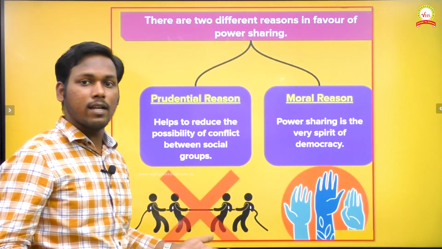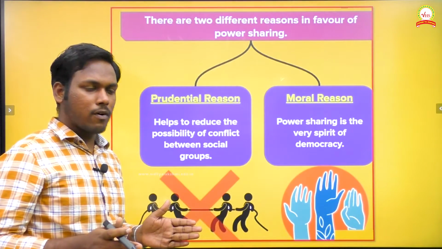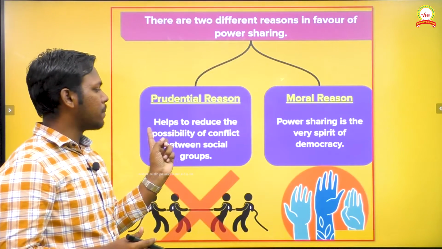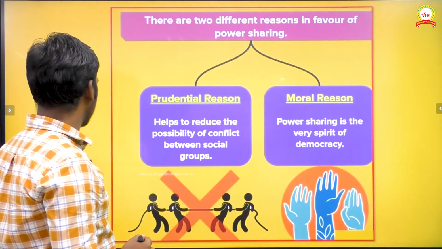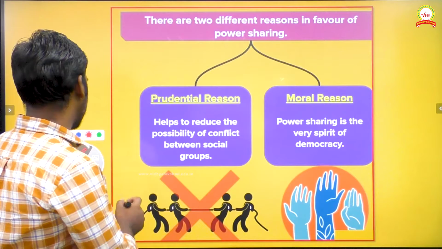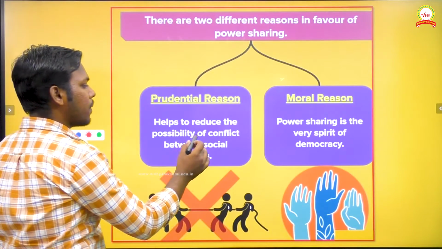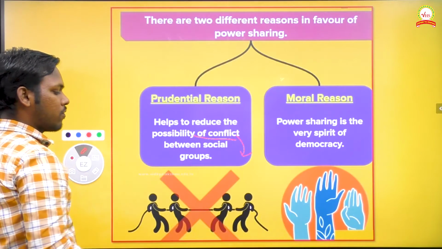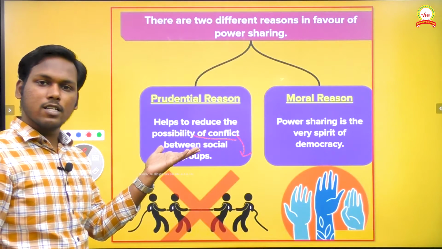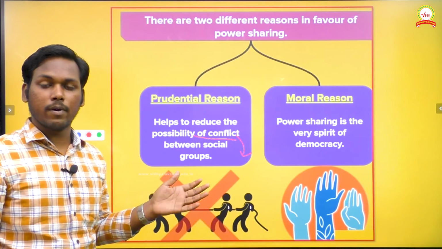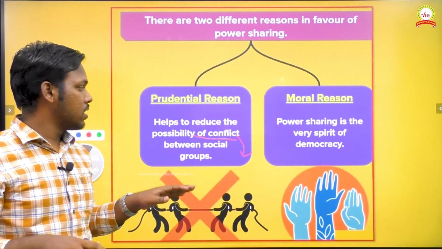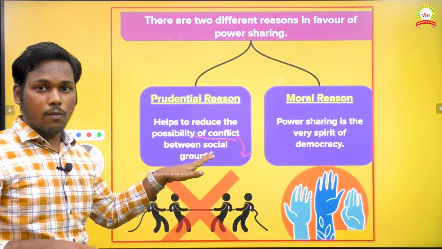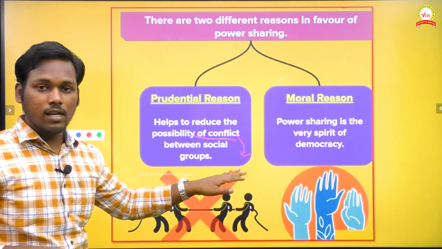When you share the power, it helps to reduce the possibility of conflicts. Conflict is nothing but fight. That is what happened in case of Belgium, because they shared their powers, they avoided the conflict. They avoided the civil war.